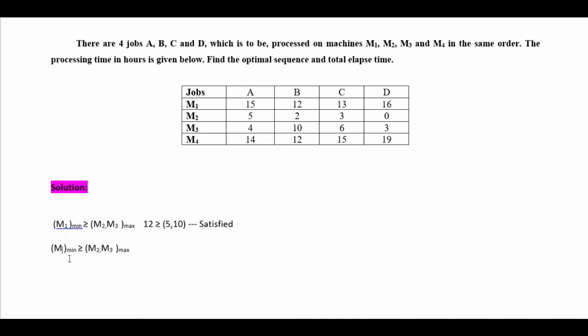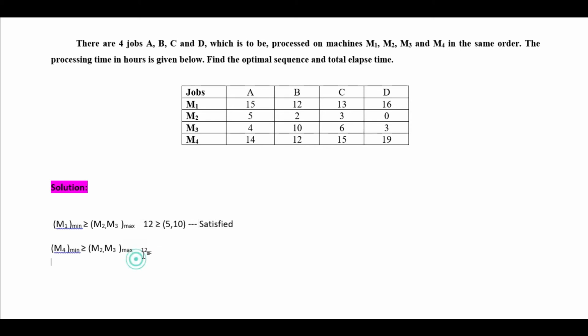The minimum time in machine 4 should be greater than or equal to the maximum time in machine 2 or machine 3.